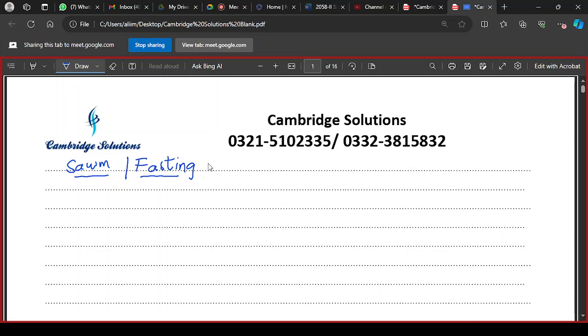They may ask you to outline the features of Ramzan fast, and identify which Muslims are exempted from fast during this month. So this could be a question from this topic. This is the main question: features of Ramzan fast, and you should be able to identify the Muslims who are exempted from fasting.